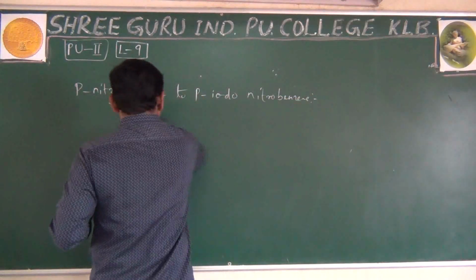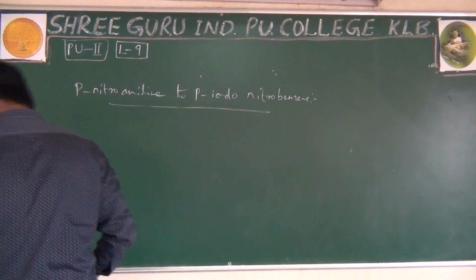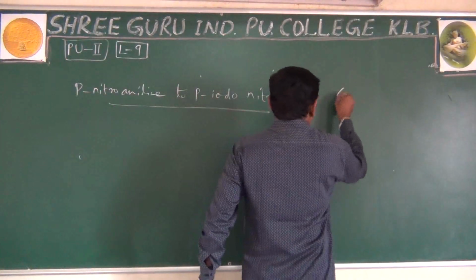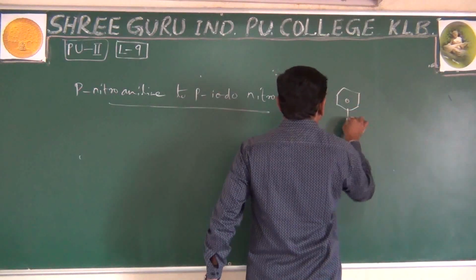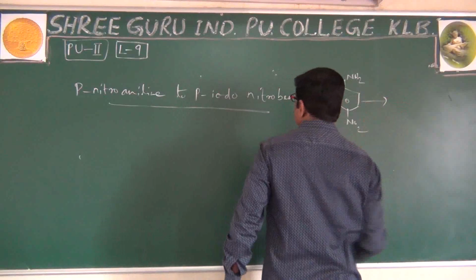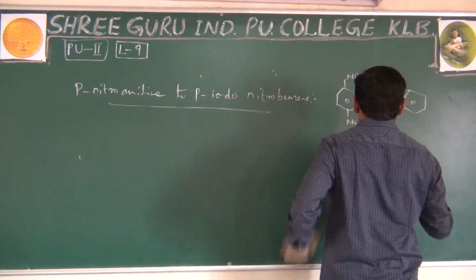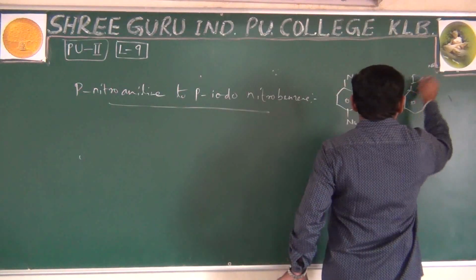First we'll write the structures. Para-nitroaniline is converted to para-iodonitrobenzene.